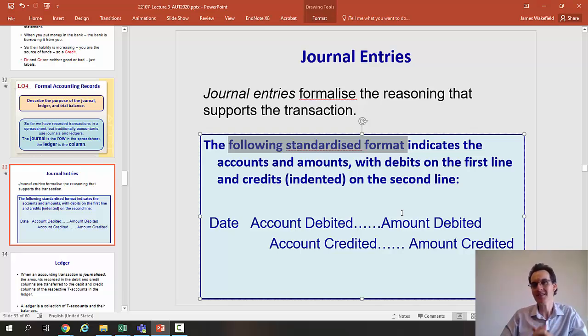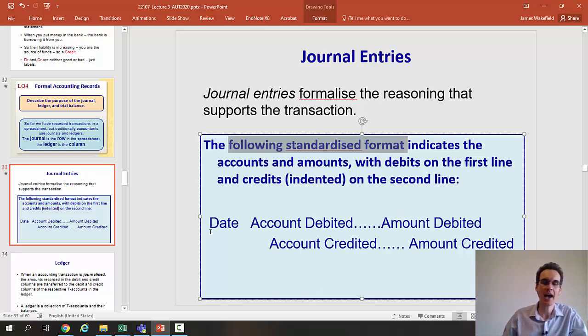Now, when does an accounting transaction occur? As I mentioned earlier on in this workshop, an accounting transaction is recorded at the time it occurs. So that is when something crosses the economic entity boundary. You acquire an asset, you sell an asset, you incur an expense, you generate revenue, etc. You record a transaction at the time that occurs.